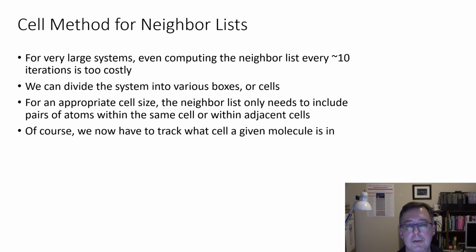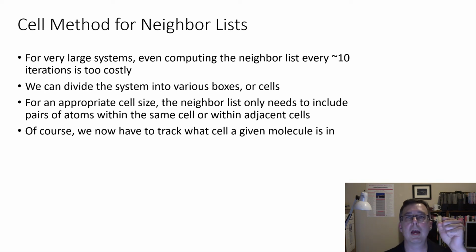There's also something called a cell method, where for very large systems, even updating the neighbor list every 10 iterations is just going to be too costly. And so there, what you want to do is divide your simulation system up into boxes or cells, and then for an appropriate choice of a cell size, the neighbor list only needs to include pairs of atoms that are either within the same cell or within adjacent cells.